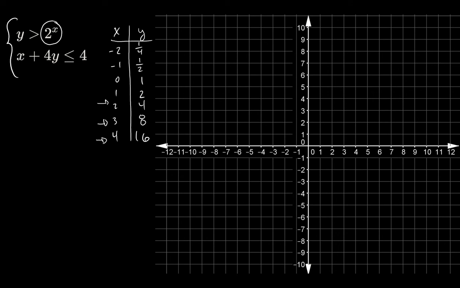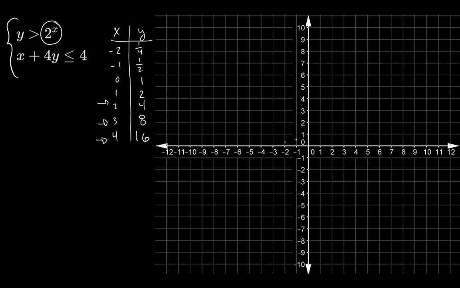So on a graph, I probably should use a different color for this. Let me use this kind of green. So when x is -2, we're looking at 1/4. When x is -1, we're looking at a half.